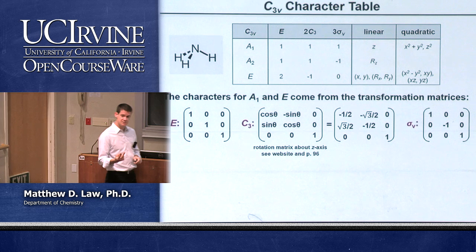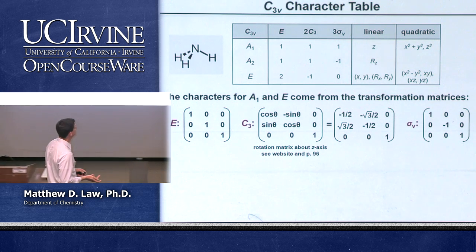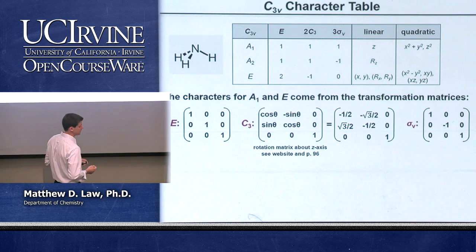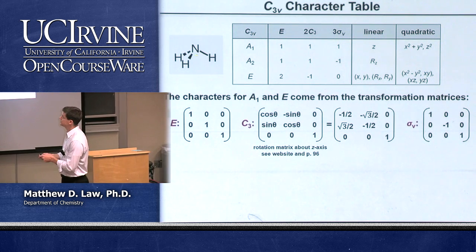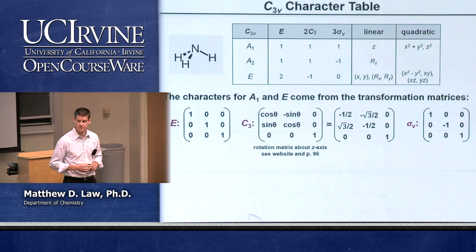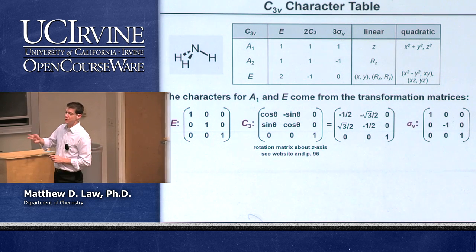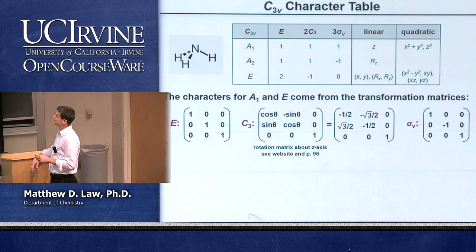There are two operations that correspond to that, the C3 and the C3 squared. We also have vertical mirror planes, 3 of them, each one passing through a nitrogen and a hydrogen, 120 degrees around. There are no other symmetry operations, so altogether there are just 6 symmetry operations. You can see there's 1 plus 2 plus 3.